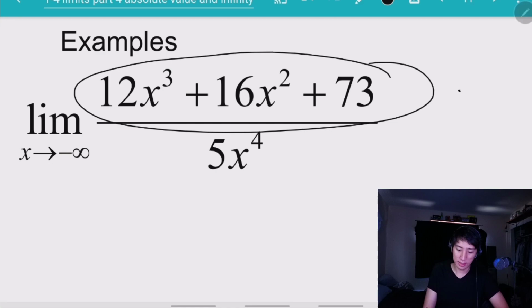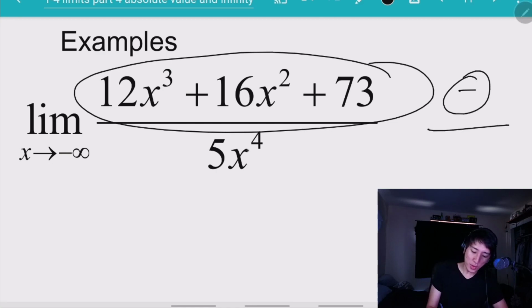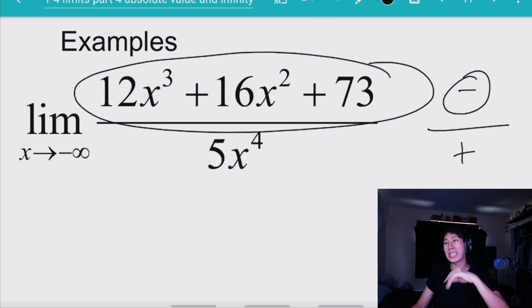It's going to be a negative number divided by, if you have a negative number squared, a positive number, or to an even power, I should say. So you're going to have a negative divided by a positive. So basically, as you're approaching negative infinity, you're approaching negative infinity as a negative number.